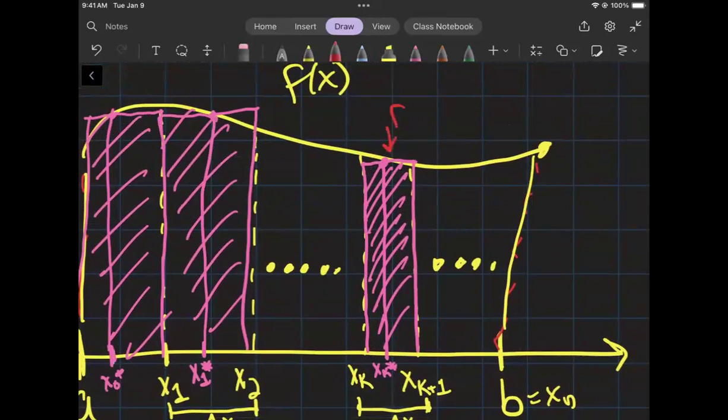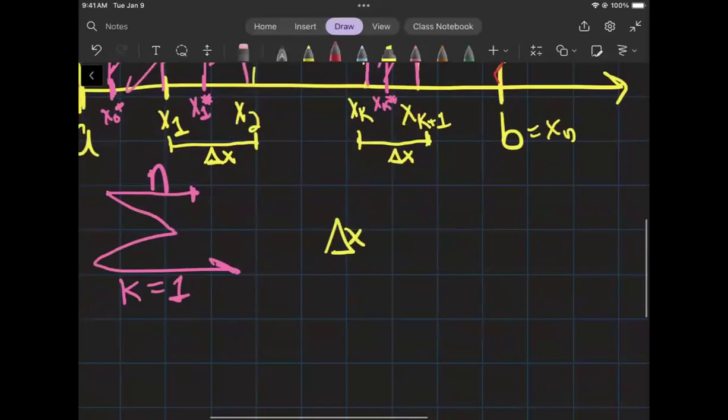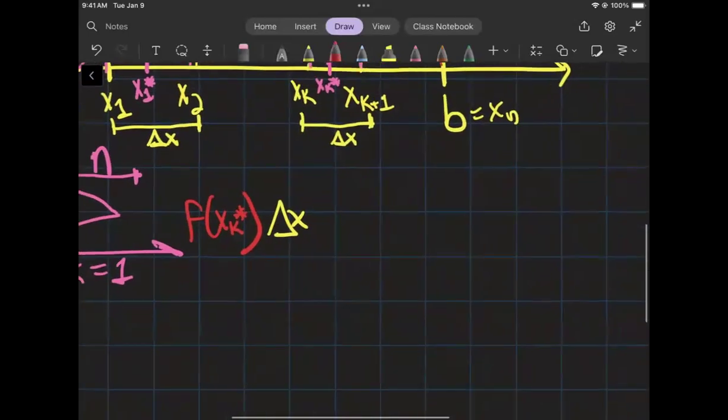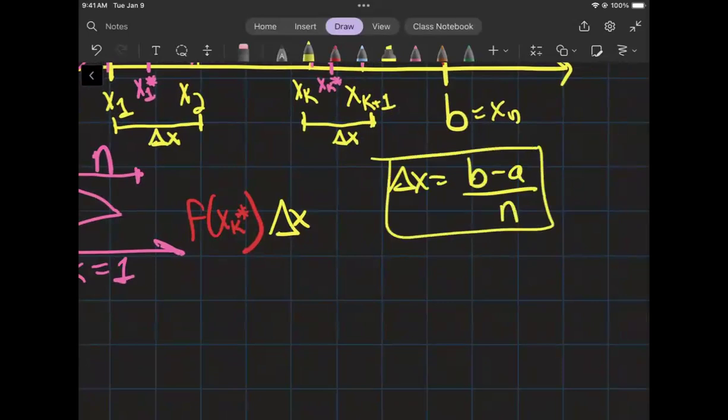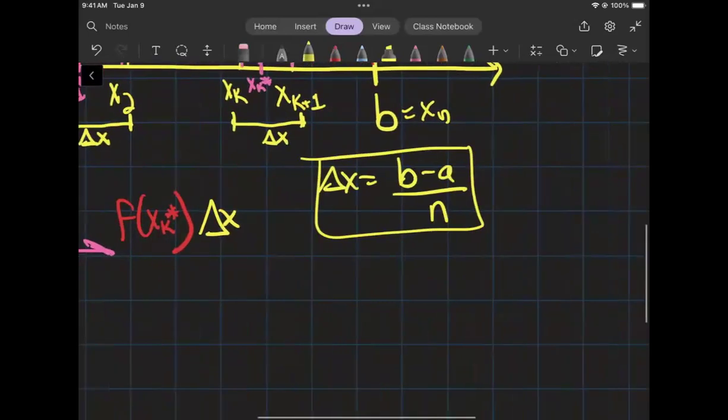So the height of this rectangle is f of x sub k star, times delta x. To figure out what delta x is, just take the final minus the initial, divided by the number of rectangles that you want. So A is the lowest point in the interval, B is the highest point, and n is the number of rectangles.